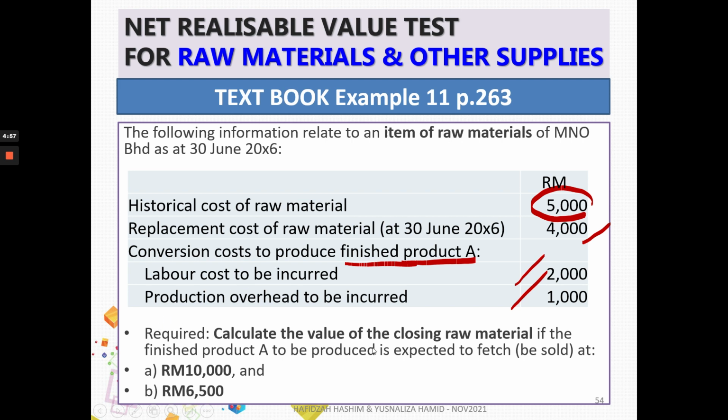So you're required to calculate the value of the closing raw material if the finished product A is expected to be sold at 10,000. We will see the historical cost of the finished goods by calculating it. And the second case, if it is expected to be sold at 6,500.